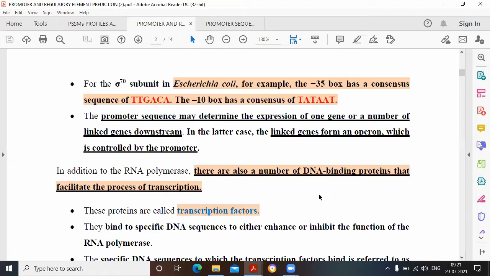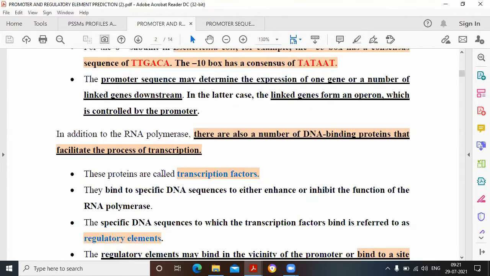Without the help of these proteins, RNA polymerase and the promoter site cannot continue the transcriptional process alone. Those proteins which help in these cases are called transcriptional factor proteins, and they are found in both eukaryotic and prokaryotic systems.